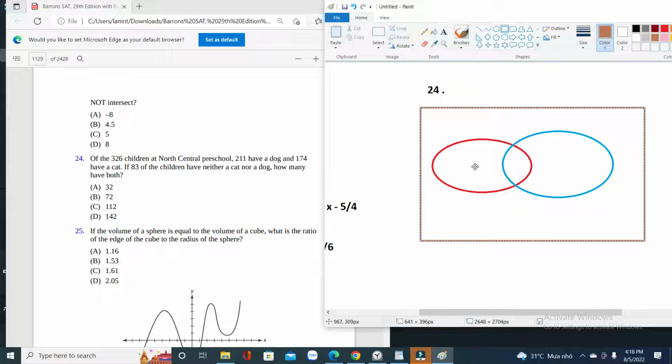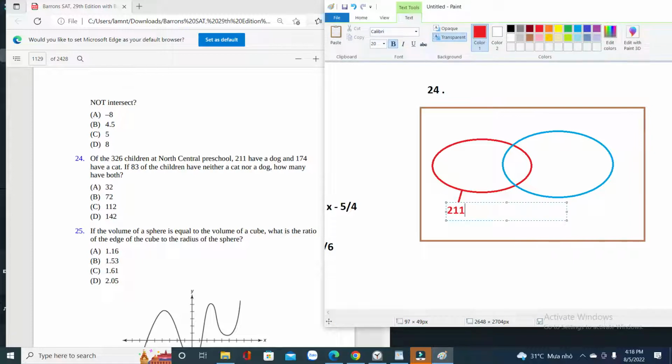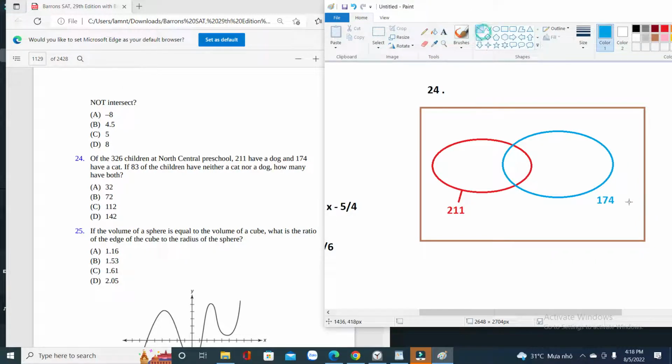So 211 have a dog, which means this red circle is 211. This red part is 211 because 211 have a dog, and then this blue part is 174 because this is have cat, right?